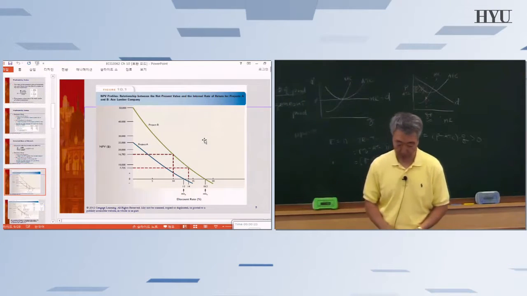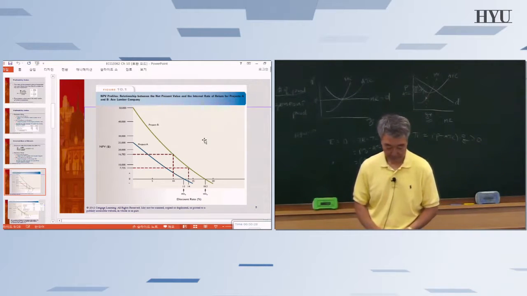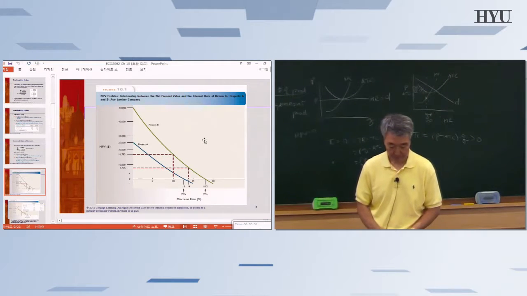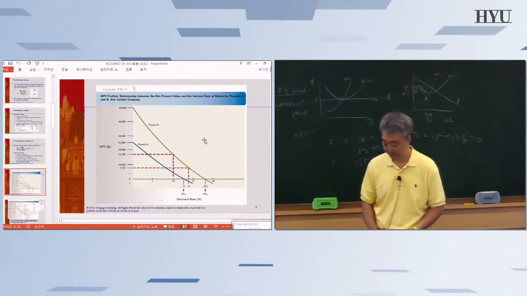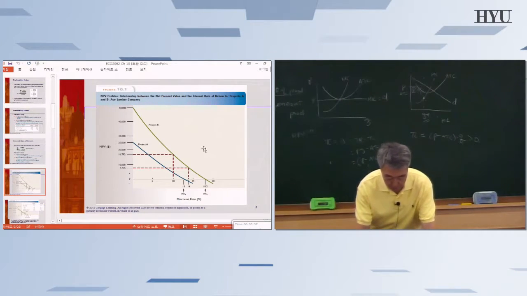If you look at this graph, that will make more sense. We have two different projects, Project A and Project B. Look at this blue curve, Project A. We have net present value on the vertical axis and discount rate on the horizontal axis.